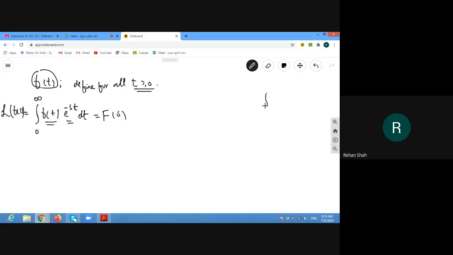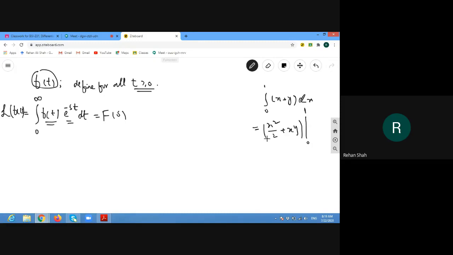Suppose I take the integral from 0 to 1 of (x plus y) dx. The integral of this will be equal to x square by 2 plus xy, from 0 to 1.